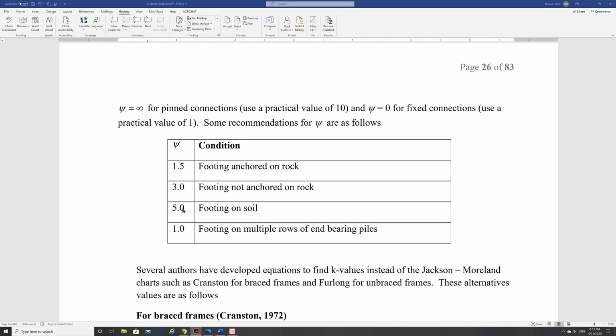Some software packages will give you the option to define your supports as different springs. This will be a rotation spring, and you have to define the properties of that spring. That way you allow it to rotate some, but not a whole lot.